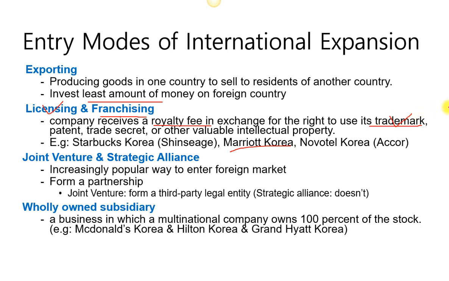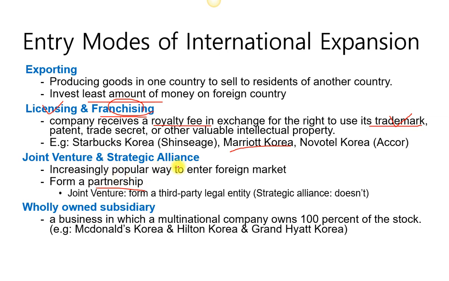They could do whatever they want as long as they get the permission to use the trademark. Whereas in franchising, there is more intervention from the parent company, with know-how, trade secrets, and other intellectual property.